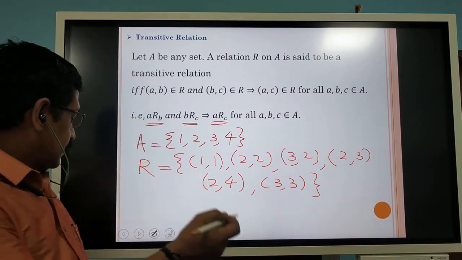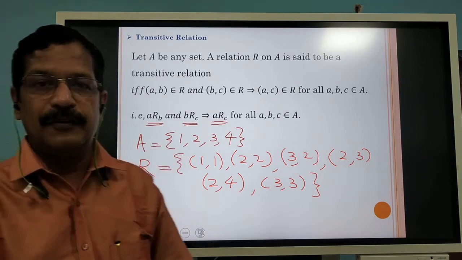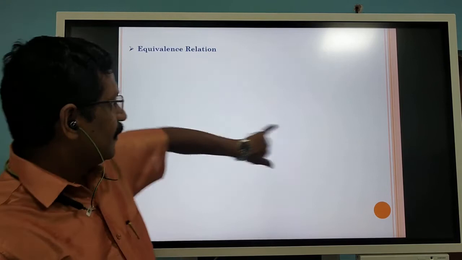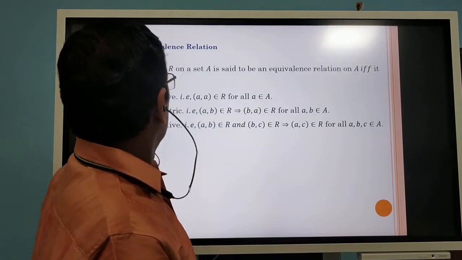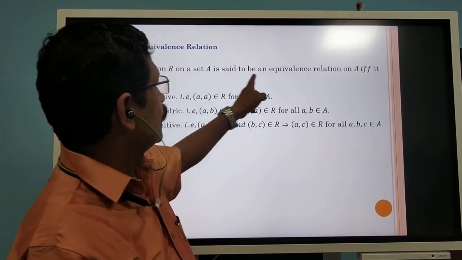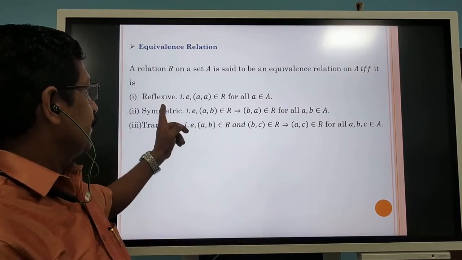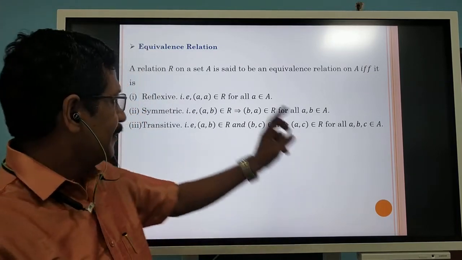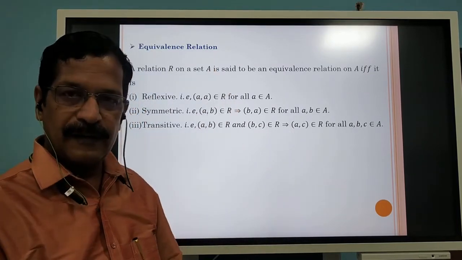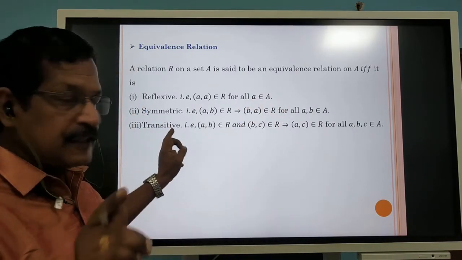Okay. Now let us discuss another important type of relation: the equivalence relation. A relation R on a set A is said to be an equivalence relation on A if and only if it is reflexive. That is, every element of A is related to itself, (a, a) element of R for all a element of A. Second condition is symmetric.